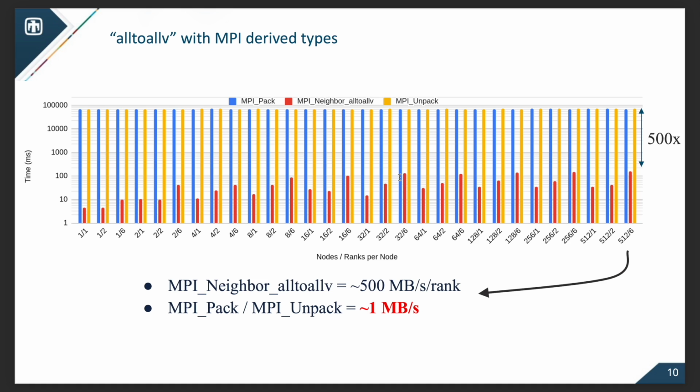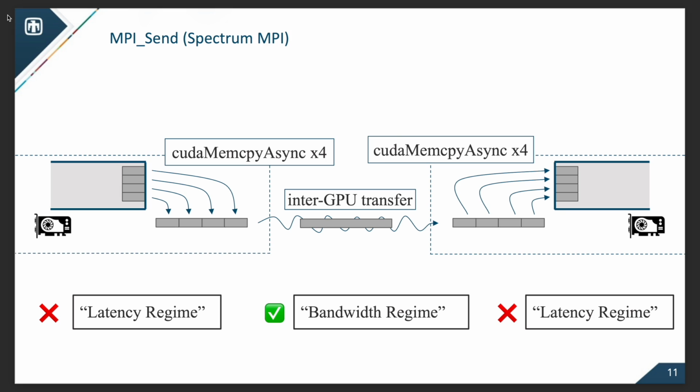And so this basically forces people to write their own pack and unpack kernels instead of using the MPI interface to handle their non-contiguous data for them. The reason this happens is that in the MPI implementation, they correctly identify that you want to be sending large contiguous blocks across the network, but the creation of those large contiguous blocks itself uses many operations on many small blocks.